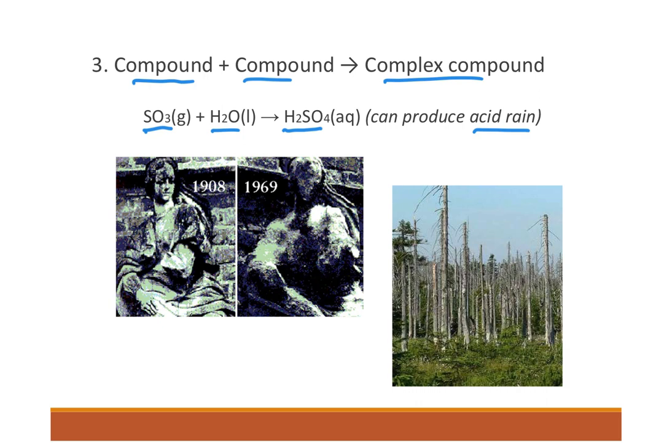Acid rain can be quite harmful to plants, as you see these forests that are suffering from many applications of slightly acidic water, and it also over time can break down marble statues. You can see the difference in the facial features on this one from 1908. You can see a face there to 1969. Really, all of the facial features have been eroded away by the acid rain falling on this statue.